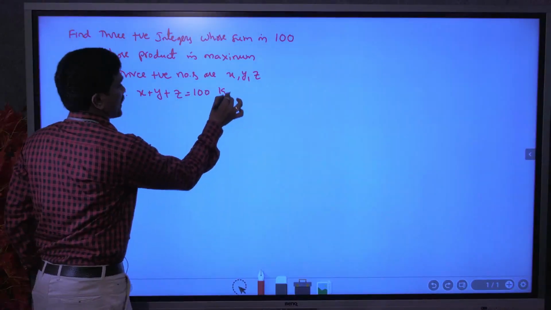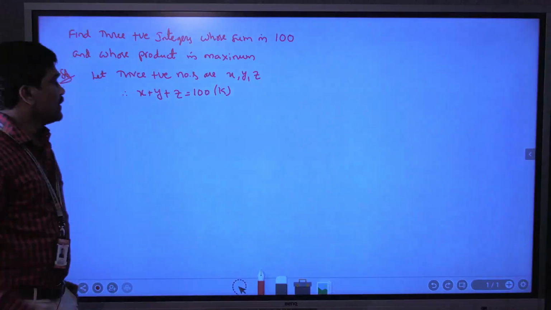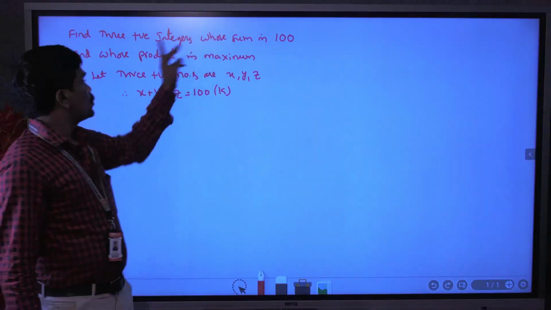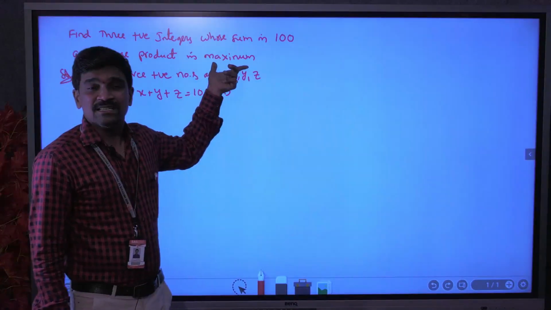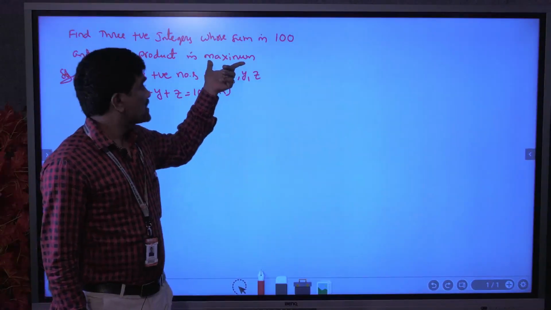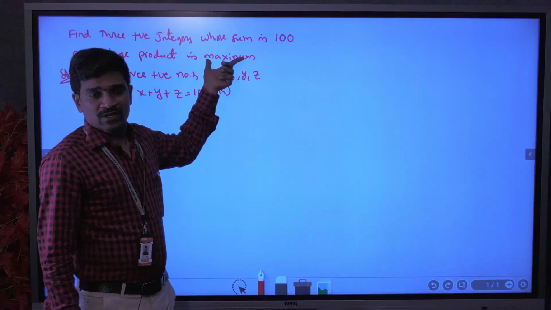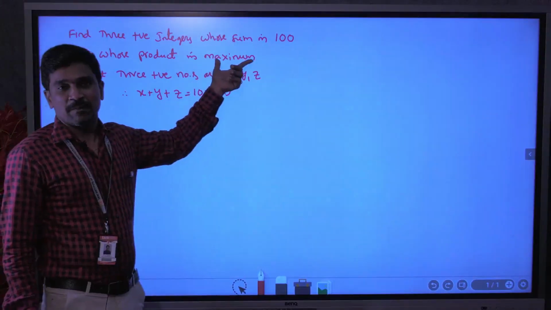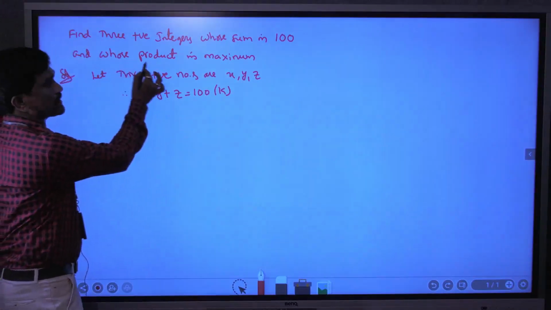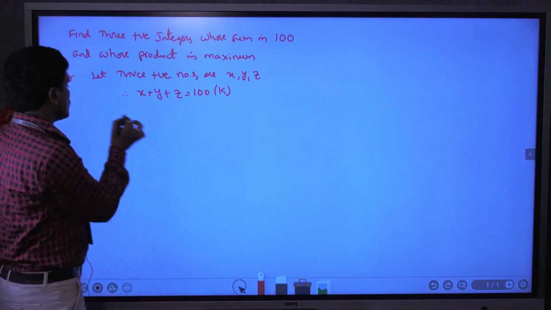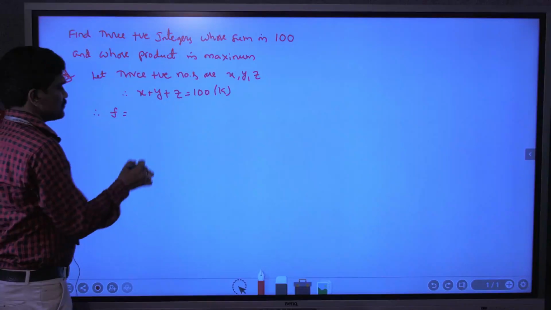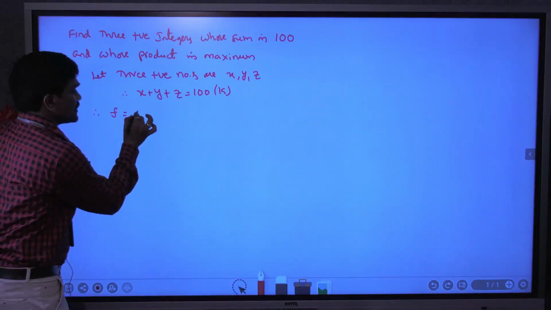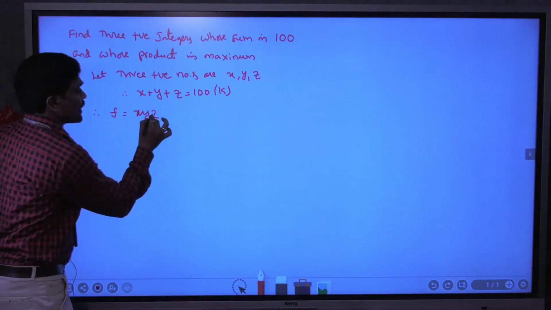Whose product is maximum? Here we have to find the maximum value of a given function, right? So here the product is maximum, so let f is equal to xyz.